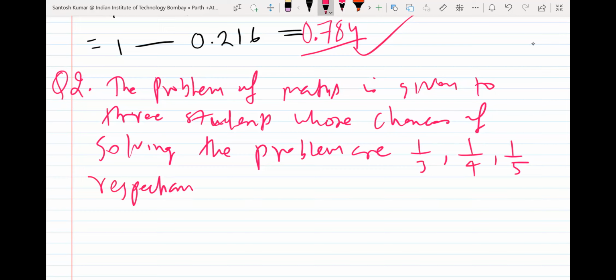So there are 3 students, you can say A, B, C. A can solve the problem with probability 1/3. B can solve it with probability 1/4. C can solve it with probability 1/5 respectively.